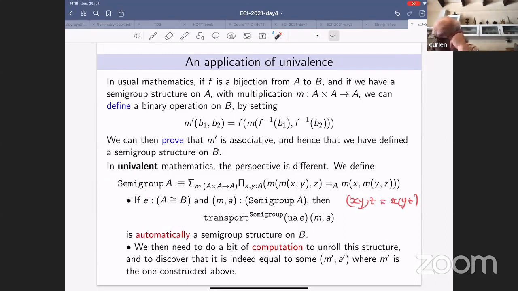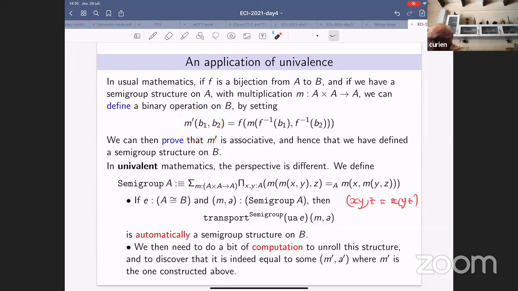To define it, it should take two arguments, B1 and B2 in capital B. We use the bijection from B to A to get two elements in A, then we multiply them in A and map the result back to B. This is quite elementary, but you would need a little proof to show that M prime is associative.